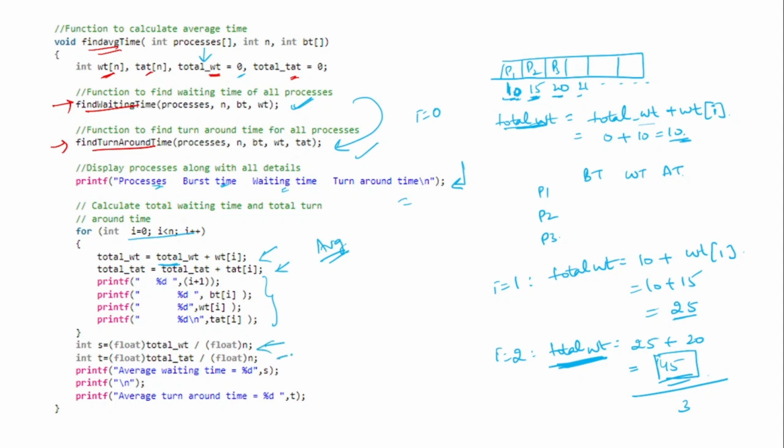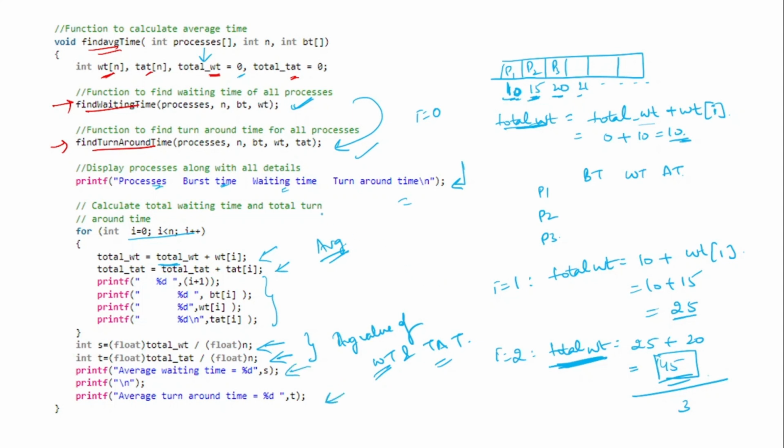In this case, you can see these two lines are written to calculate the final average value of waiting time and turnaround time of all the processes. So that's how you calculate the average waiting time and the average turnaround time. This is the average waiting time, this is the average turnaround time, and now you have printed both the values.